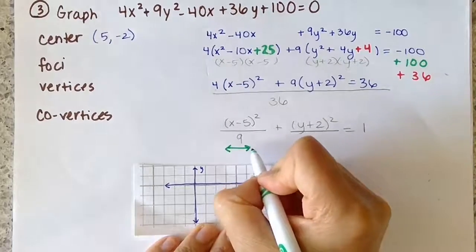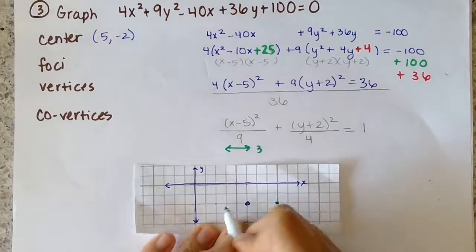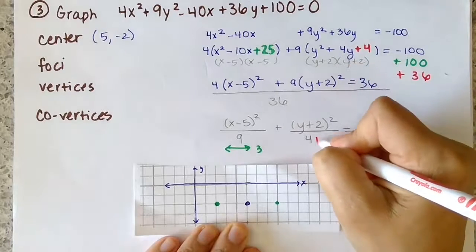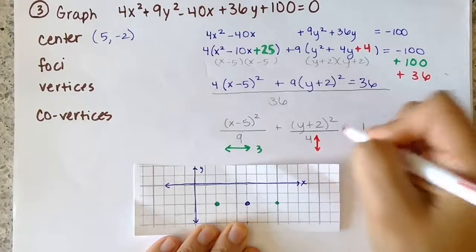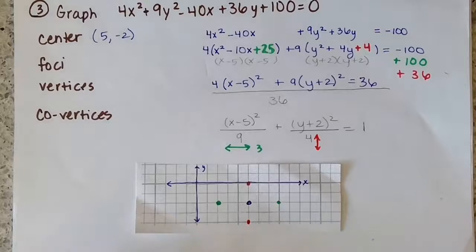So square root of 9 is 3 units. So 3 units left and right. The number under your y will tell you how much you move vertically. So square root of 4 is 2, so 2 units. I'm going to draw my ellipse.